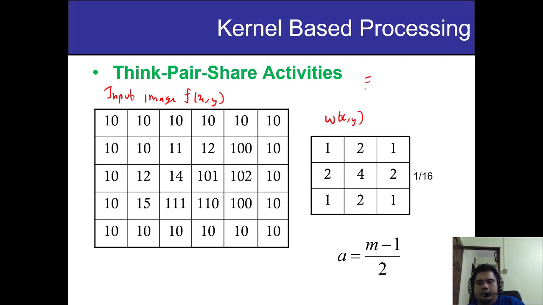Find the output image G(x,y) after applying the two-dimensional convolution between your F(x,y) and your W(x,y). So what is the output image G when the input image F is convolved with W(x,y)? Just ignore about this one.